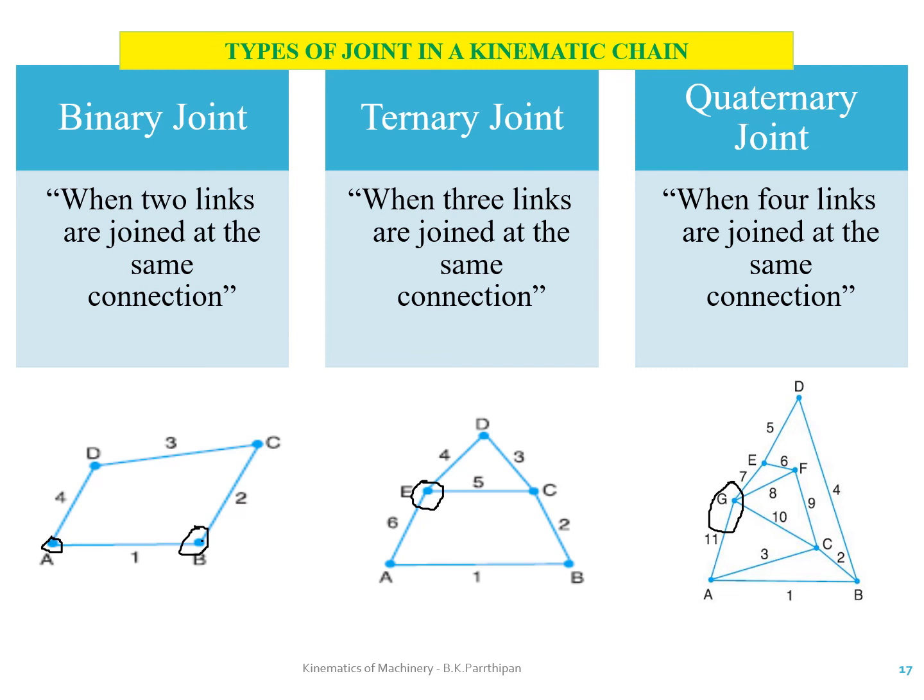Now let us solve some problems to understand the calculation of the number of joints. Let us consider this example. It has link 1, link 2, link 3, link 4. Link 1 and link 4 are connected, so it is binary joint 1.